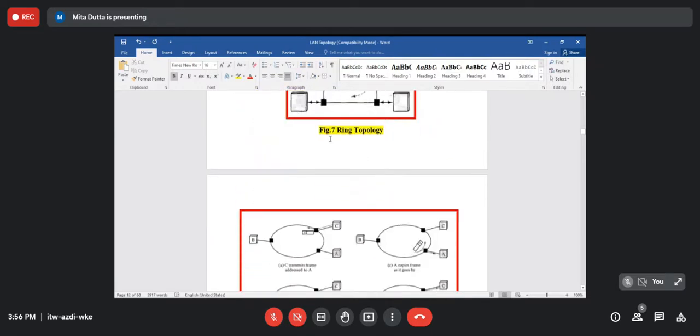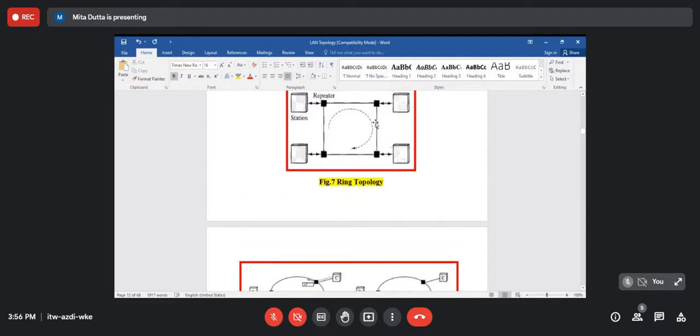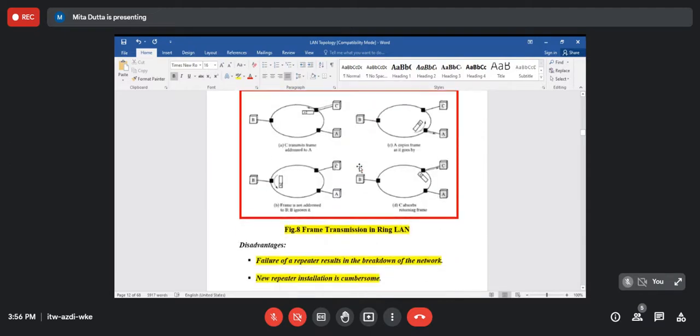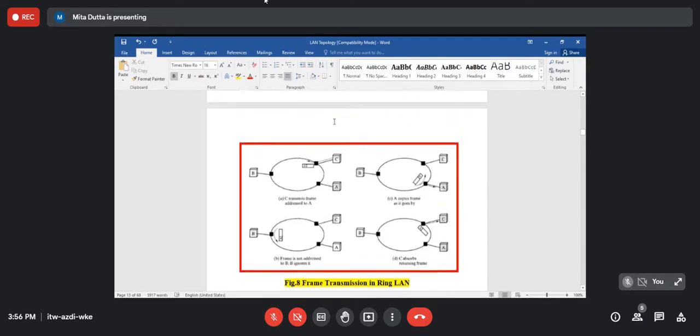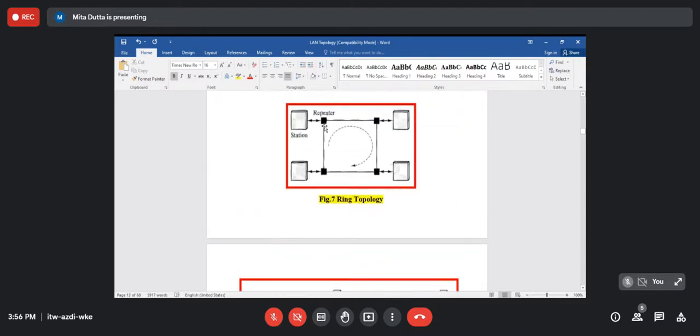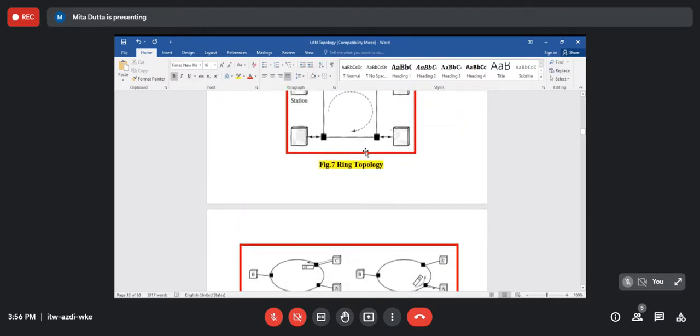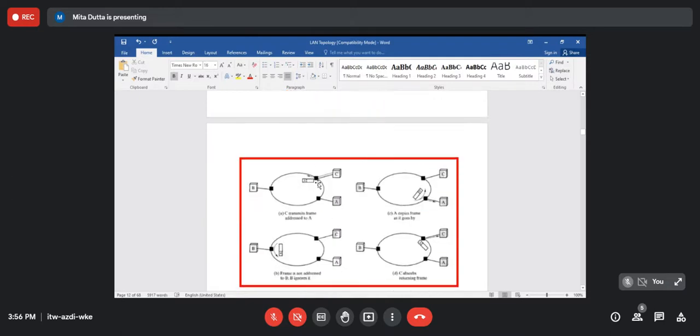Now here, since the signal flows in one direction only, if station A and station C send information, the signal flows either clockwise or anti-clockwise, but unidirectional, whether it is anti-clockwise or clockwise. It is being explained with the help of this figure.